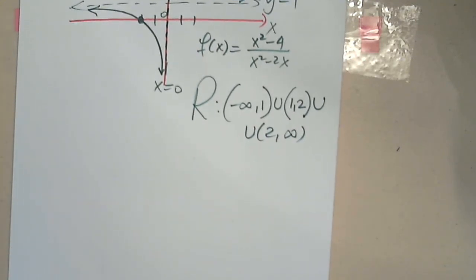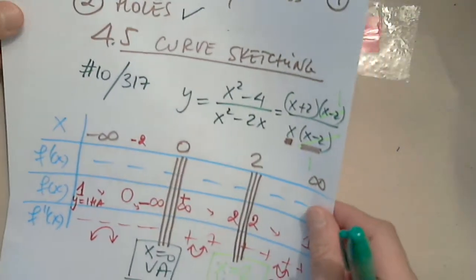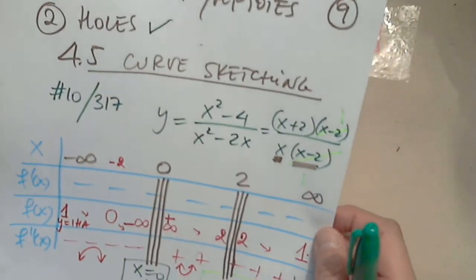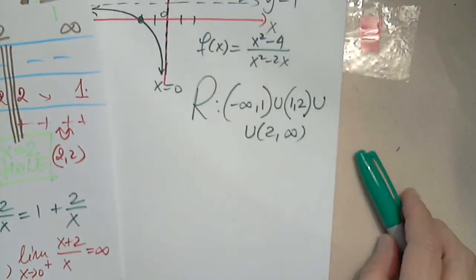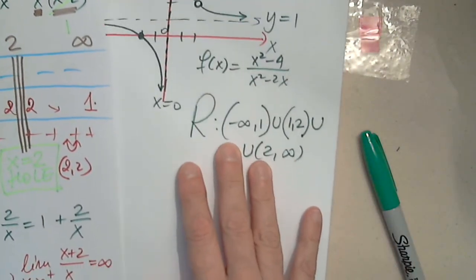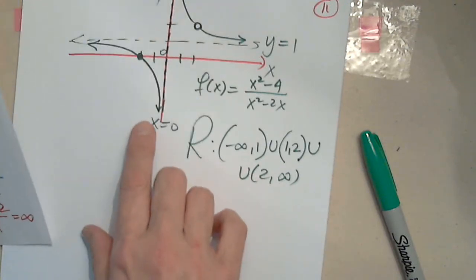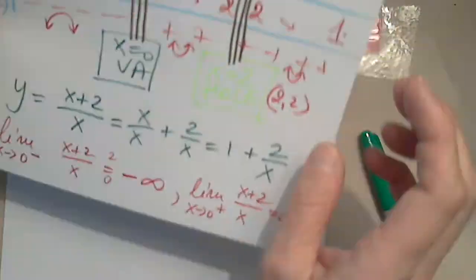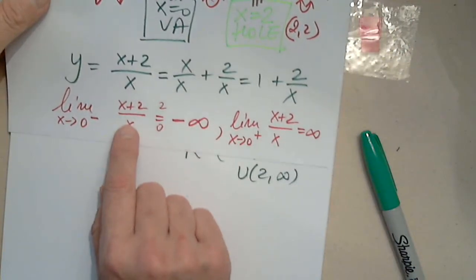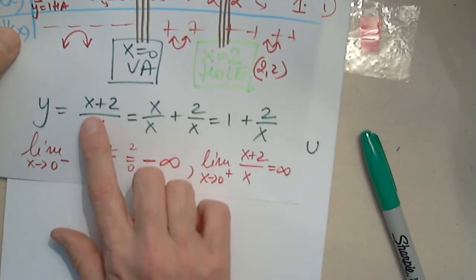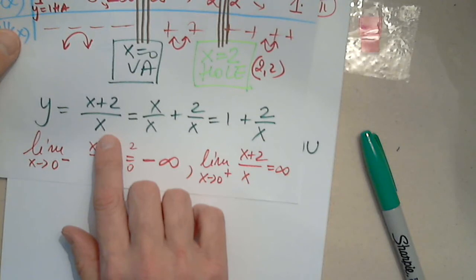I'm sorry, I have a quick question. It's kind of going back on your graph there. Can you explain the rationalization where you said the left side of 0 is negative infinity and the right side is positive infinity? We determine the limit. So the function now is simplified to x plus 2 over x.